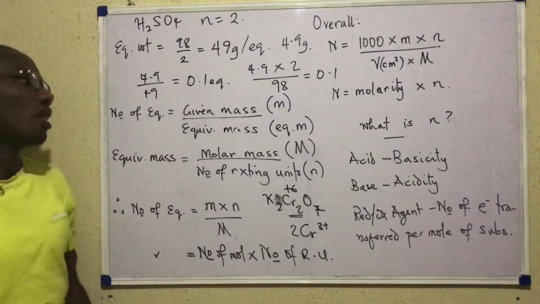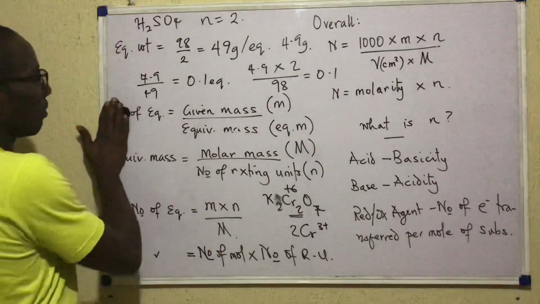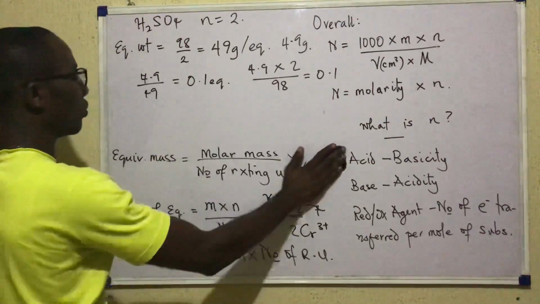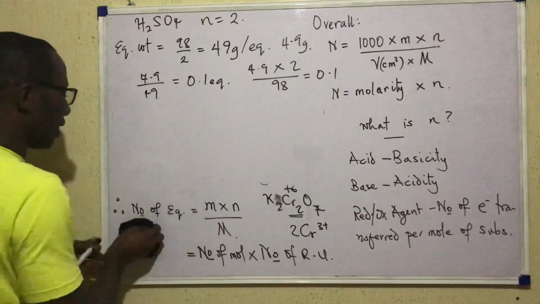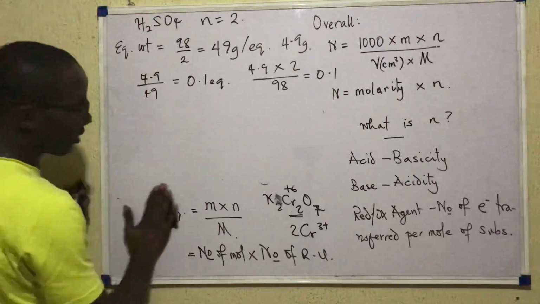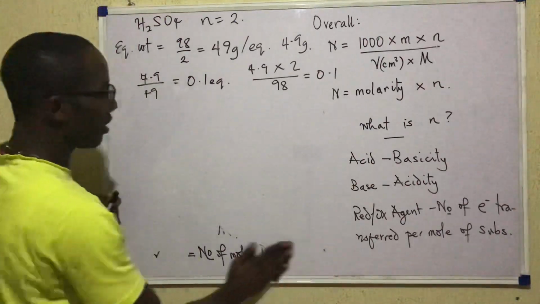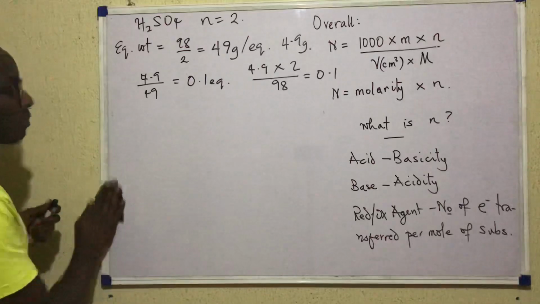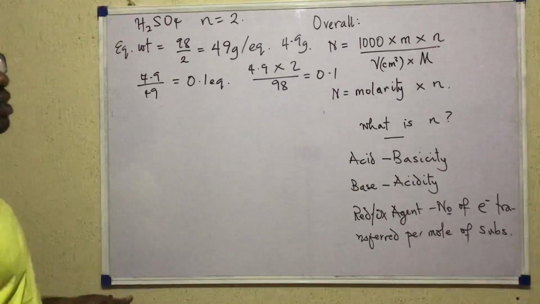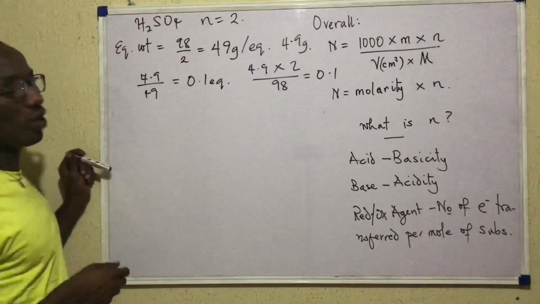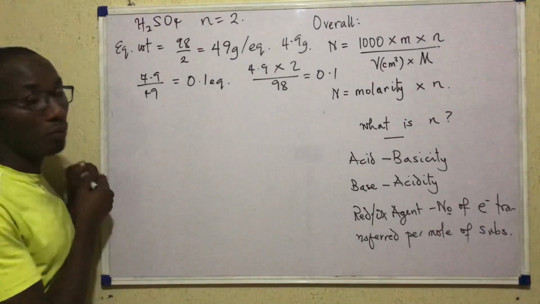So finally, let's see one question on normality, and let's see how we'll solve it using our general formula that says normality equals 1000 times mass times number of reacting units, divided by volume times molar mass.